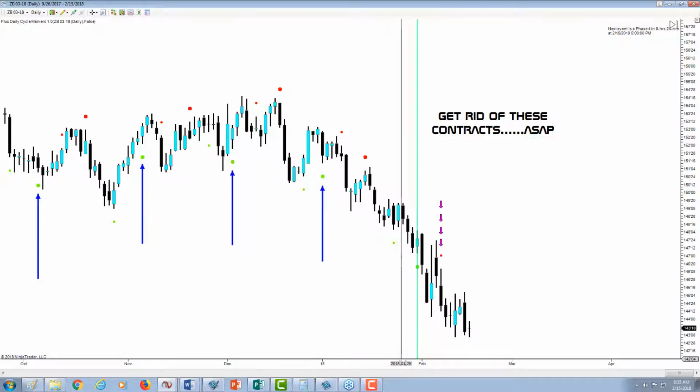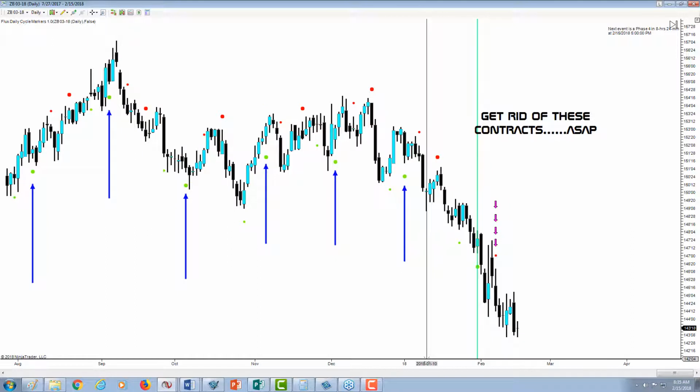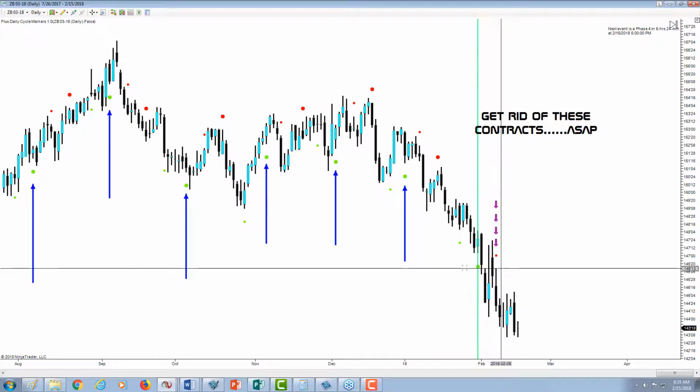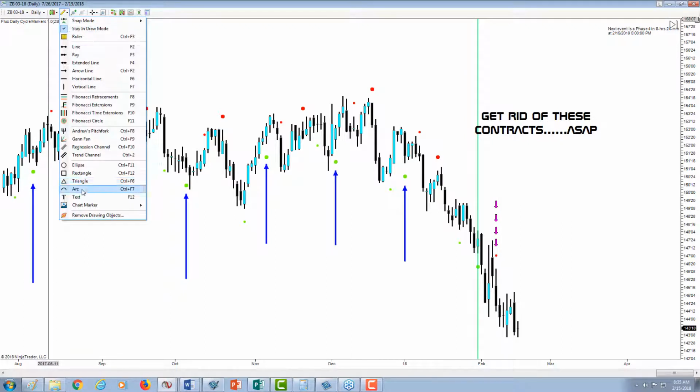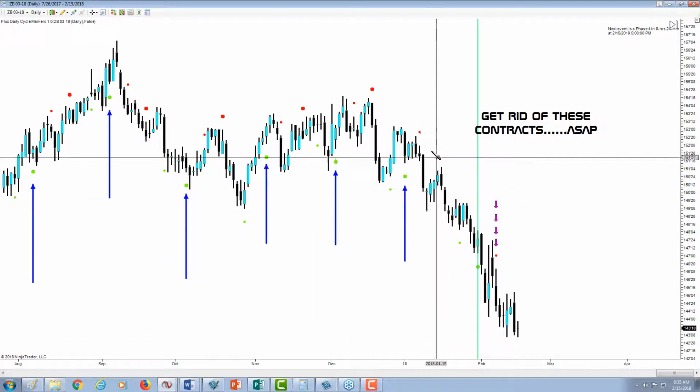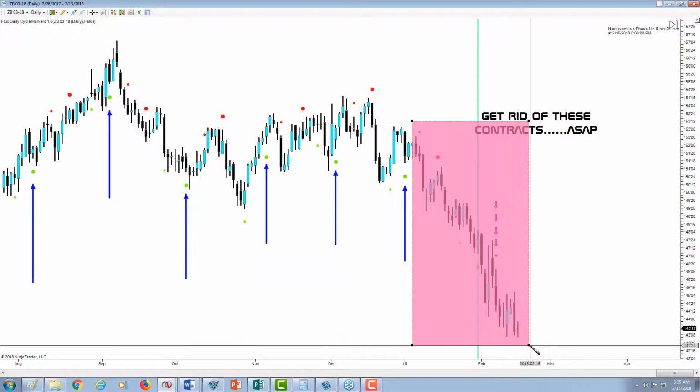Now, remember, we said that we can look through these patterns and understand what's happening based on what's happened before when we see these plays take out, right?